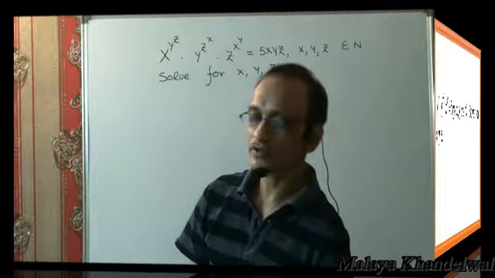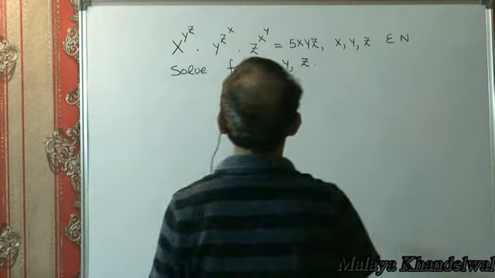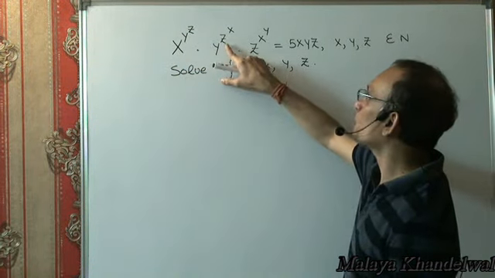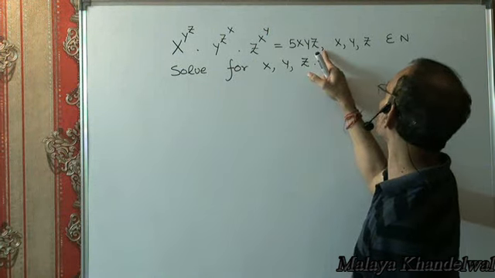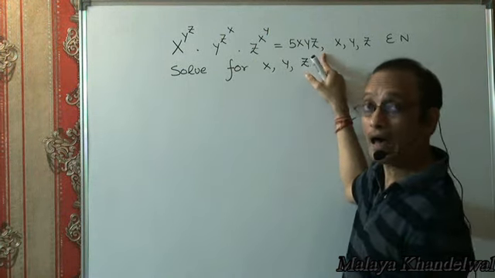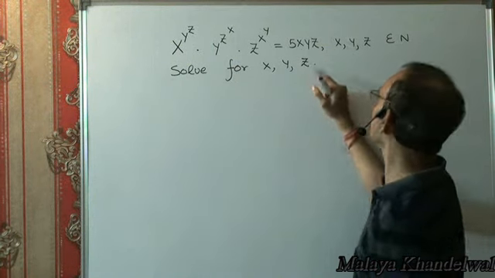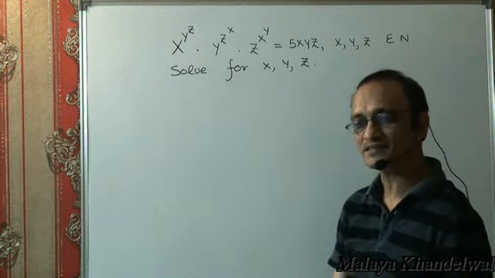This time we have an equation to solve. X power y power z into y power z power x into z power x power y is 5xyz. One equation, 3 unknowns, x, y, z. X, y, z are natural numbers. I want to solve for x, y and z.